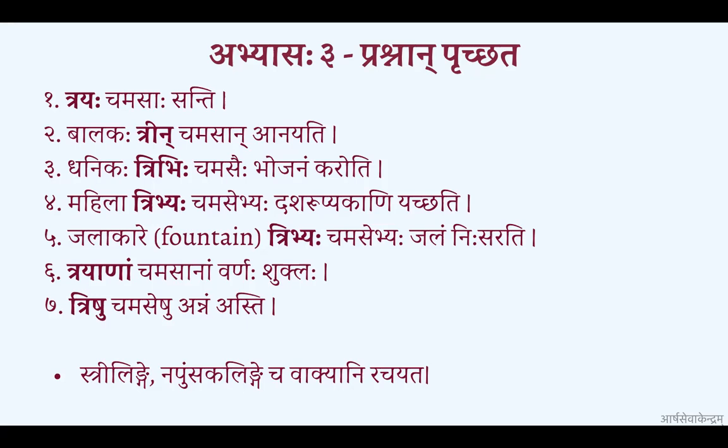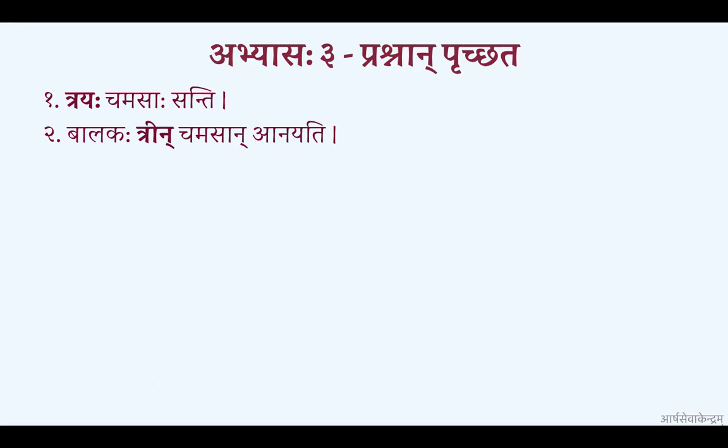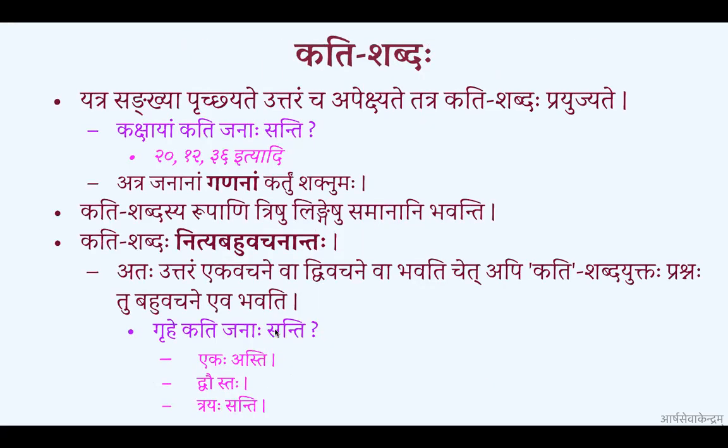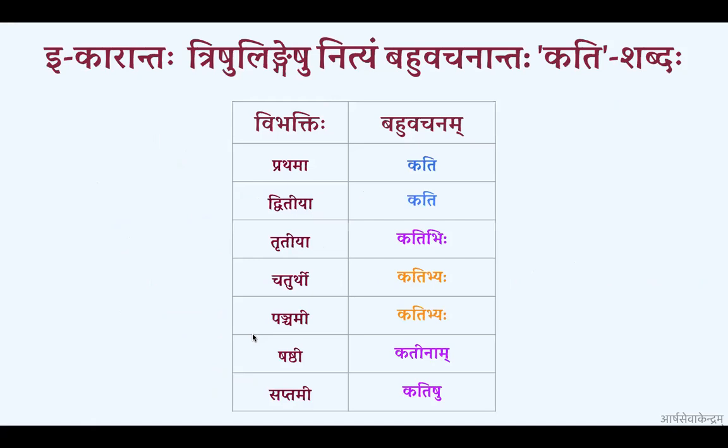I see why the confusion is. Let's look at it. Atra Kati Janaha Santi. So what is the karta here? Janaha. So the Vachana of the Kriya Padam will follow the Vachana of the Kartru Padam.